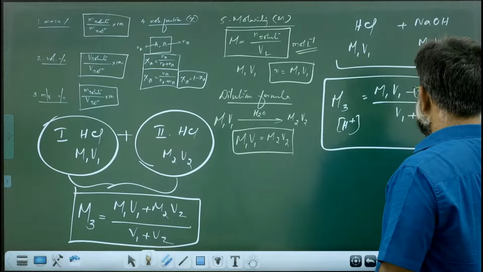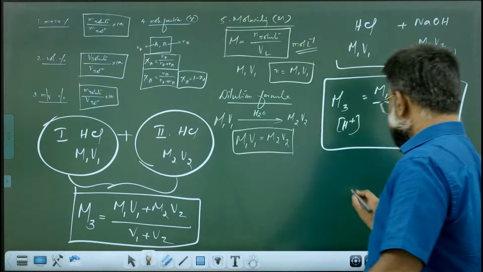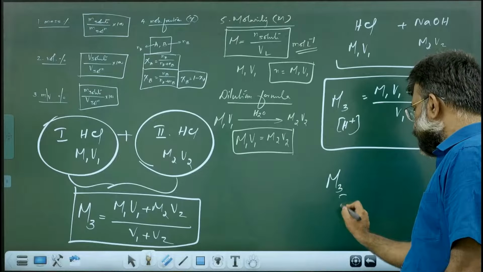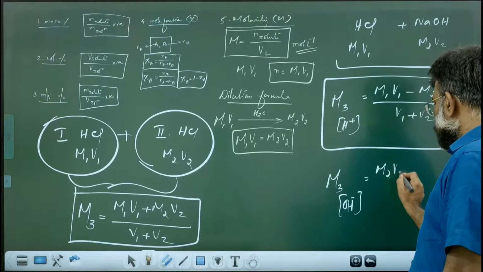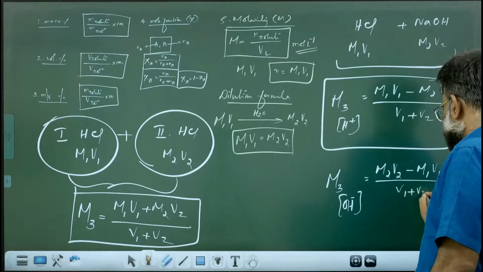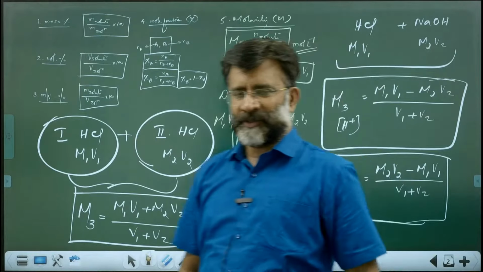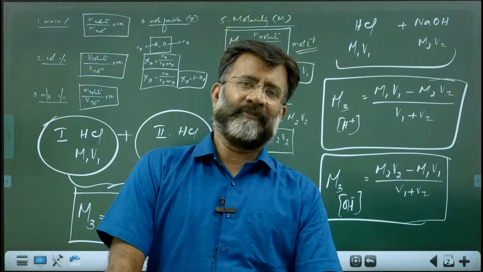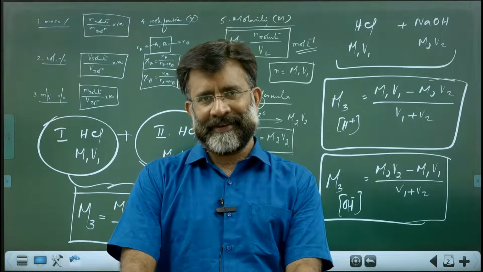When acid is in excess. Suppose alkali is in excess, what do you do? Then the resultant concentration M3 will be concentration of OH minus. It will be M2 V2 minus M1 V1 divided by V1 plus V2. Understood? So these different kinds of formulas you may encounter in various numericals, right?